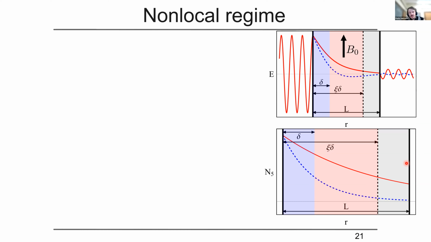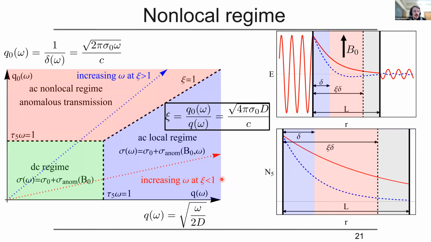So if we take a look at the phase diagram of our response, what can we see here? For small frequencies, we have this DC regime where our common intuition that chiral anomaly just shifts the conductivity works very well. If the diffusion of this chiral charge is not so efficient, I will be using this coefficient psi, which is a dimensionless coefficient defined as follows.